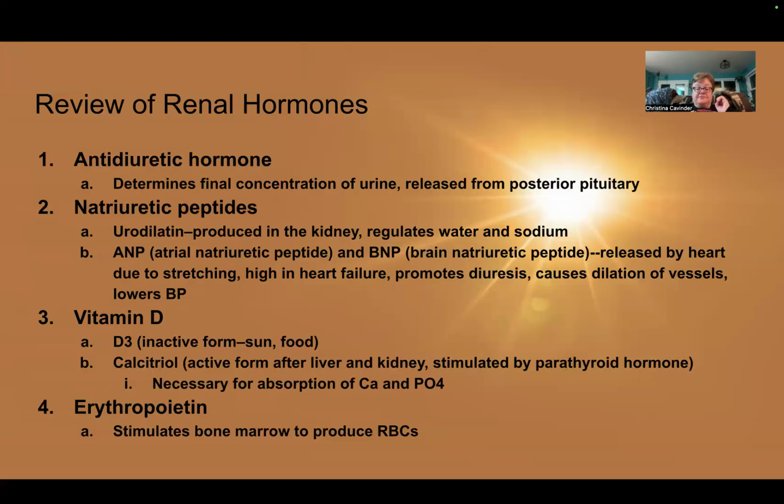Vitamin D, we have D3, which is your inactive form. Your body will convert it to the active form. The inactive form comes from the sun or it comes from food. Most of the foods are fortified with vitamin D. So one of the most common ones that's fortified with vitamin D is milk. You see vitamin D in cereals too.